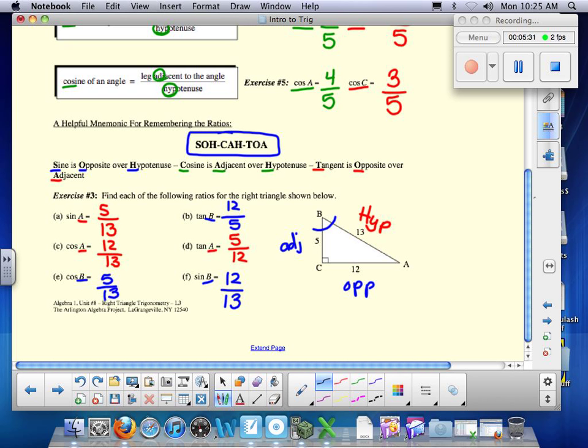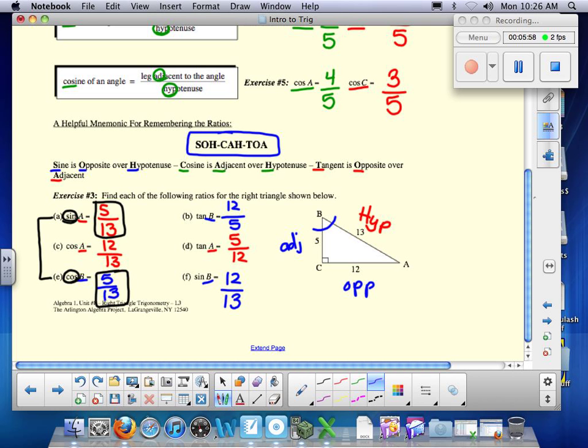Maybe you've already seen it, but I'm going to draw your attention to some connections, if you will. When we switched from angle A to angle B, our opposites and adjacents switched. So you may have noticed that we have the same ratio, but it's for a different function.